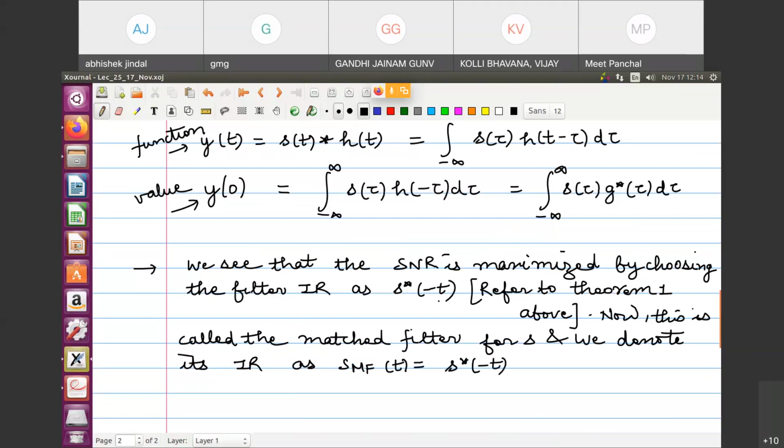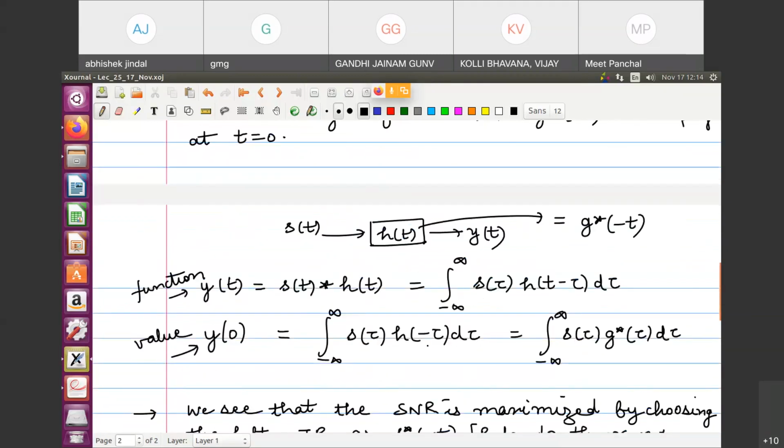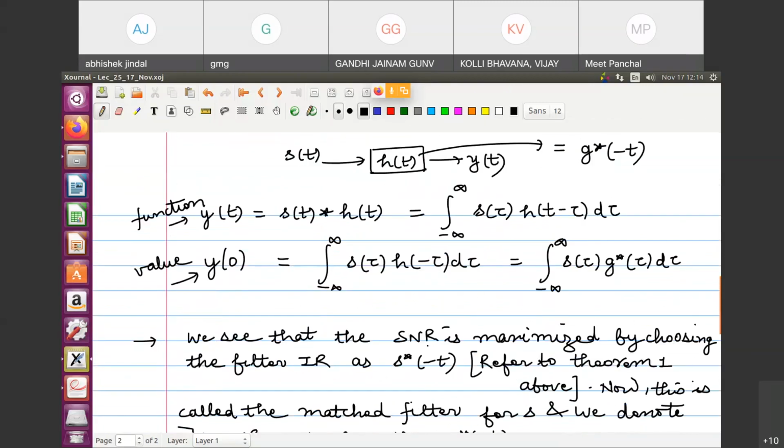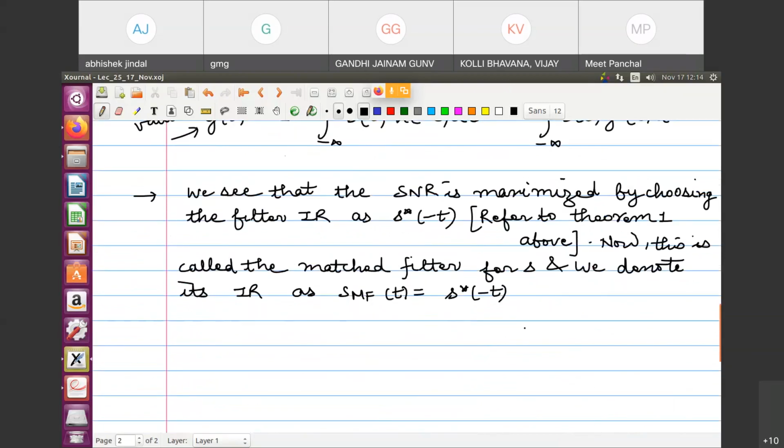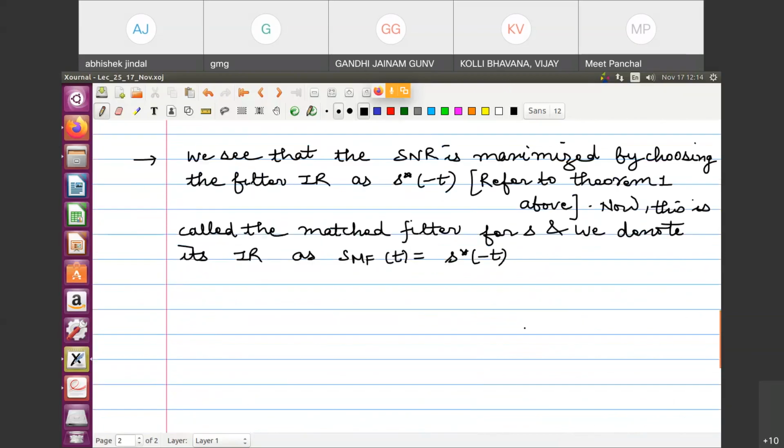See why this derivation contains the star: because the framework would be complex in general. But in order to make the explanation easier, or to imbibe the concept in the first go, we consider the real framework. So this is s star of minus t.